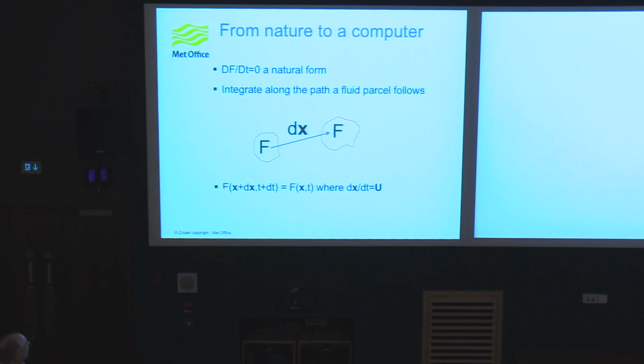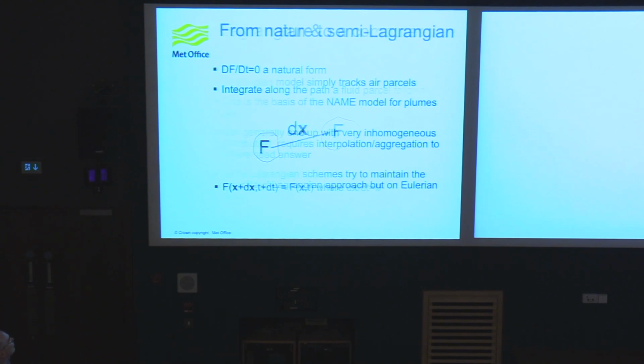It says that this function, the mixing ratio, whatever you want, at the new time level, t plus delta t, at the new position, x plus dx, this increment in its position vector, is the same as f at the previous time level at the old position, provided we satisfy this equation so that dx by dt is determined by the velocity of the fluid. So that's how a Lagrangian scheme works.